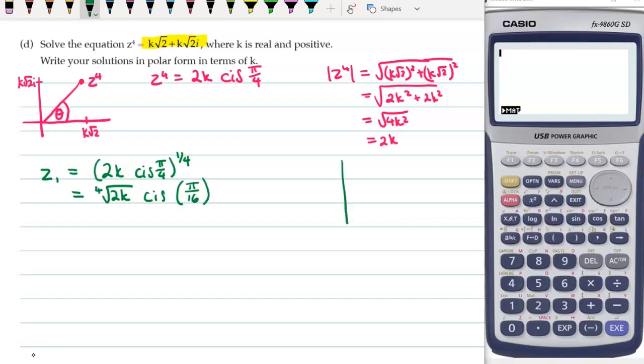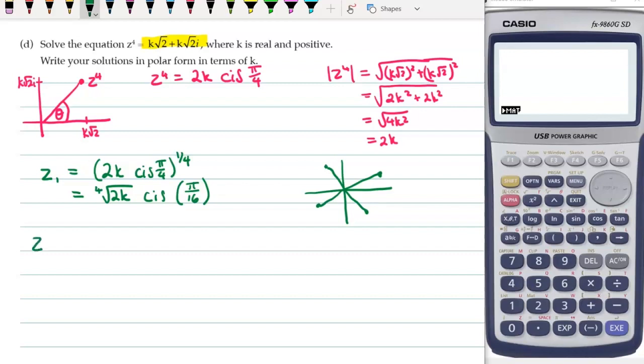Now once we have the first solution, all of the others are equal distance around that diagram. If we have 4 solutions because we are doing an equation to the power of 4, we know that those 4 solutions will be evenly spaced around there. So each of them will be 90 degrees on from the last one, which is another pi by 2.